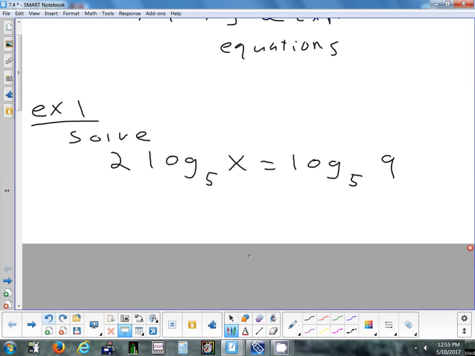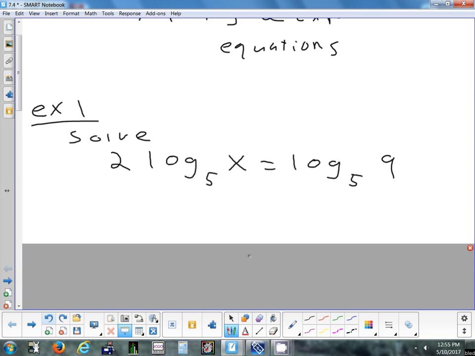All right, so the first step here is I've got two separate logarithms, one on the left, one on the right. They're each the same base, so that's good. I want to start by looking at this left-hand side. Anybody that was here yesterday remember what you can do with that 2? We have a number in front.